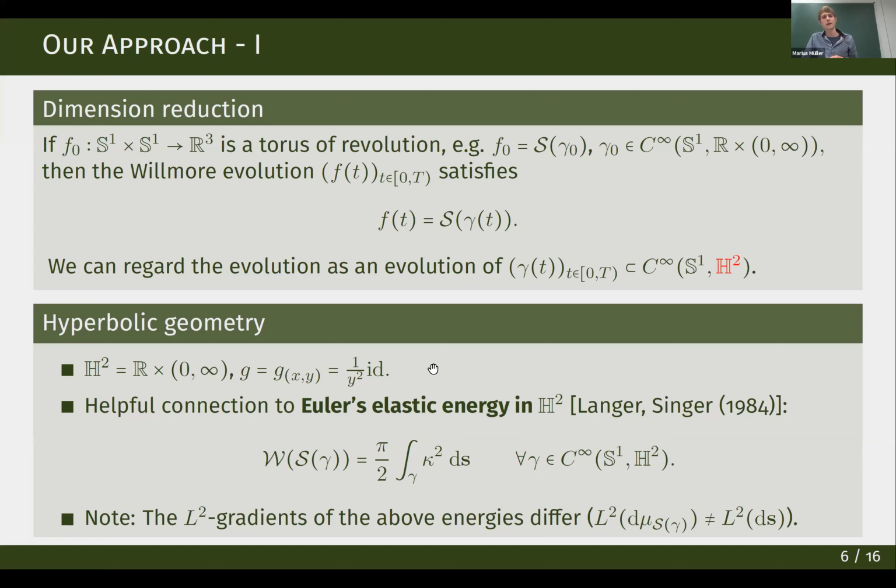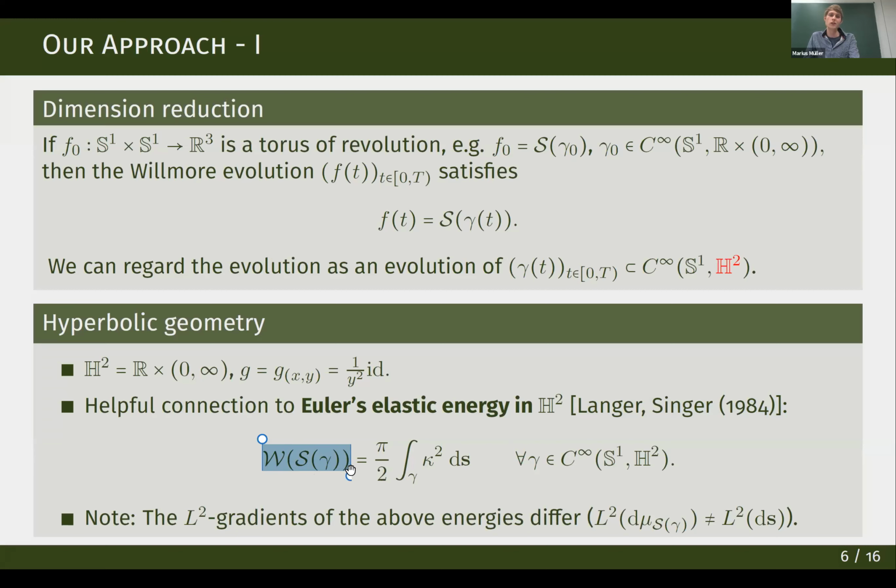And why is this hyperbolic geometry the right geometry to look at this flow? Because there is a useful connection, namely to another well-known curvature energy, which is Euler's elastic energy in the hyperbolic plane. This connection is sort of classical. It was observed by Langer and Singer in 1984.